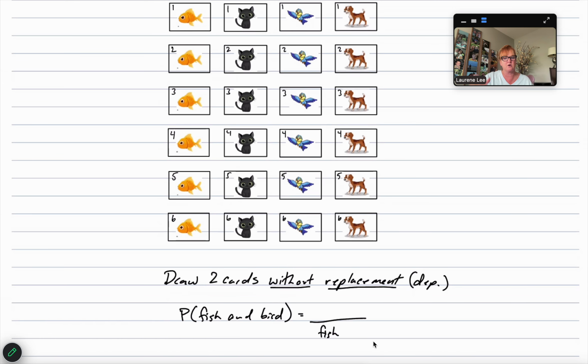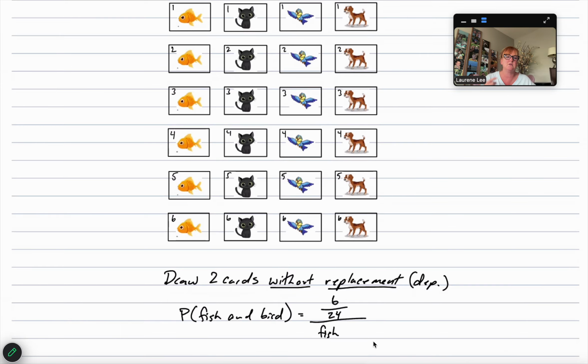How many are there over the total? So there's 6 fish out of the total, which we have 6 options times 4 is 24. There's 24 total cards. So my probability of drawing a fish is 6 out of 24. That's how many there are out of the total.